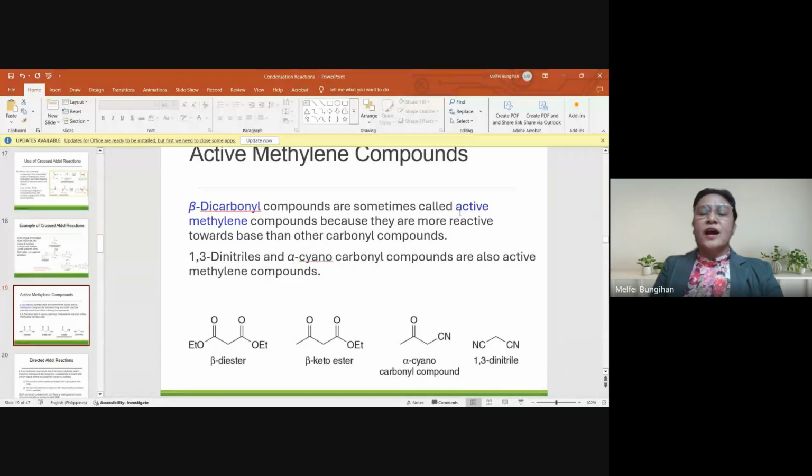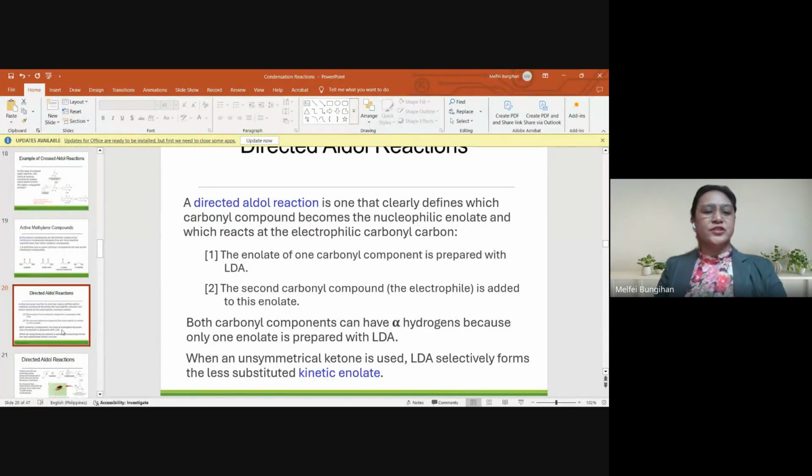They are called active methylenes because they are more reactive towards base than other carbonyl compounds. 1,3-dinitriles and this alpha cyano are also active methylene compounds. These are very active CH2s, with very acidic hydrogens.